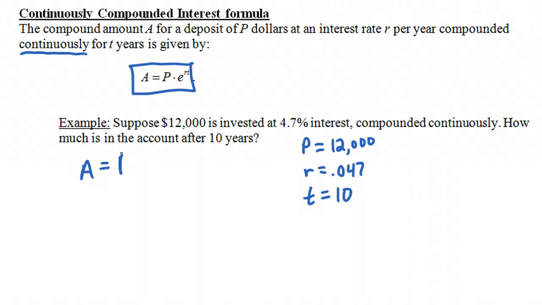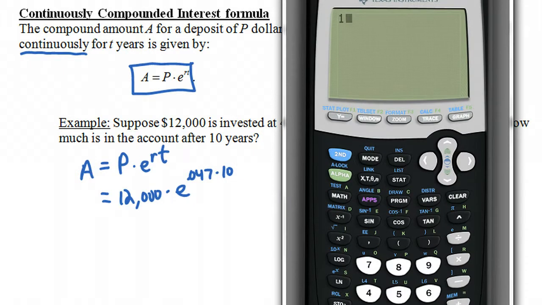So let's plug things in here. A equals P times e to the rt, where the P is 12,000. The e, remember, is that 2.718, whatever, and then 0.047 times 10. If we plug this into our calculator, we would get 12,000 times e to the 0.047 times 10, and press enter.